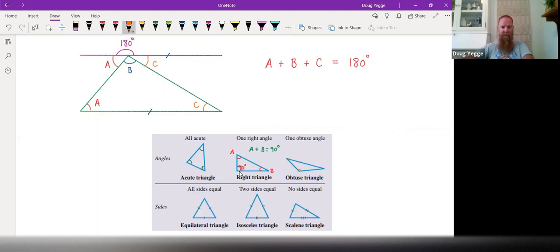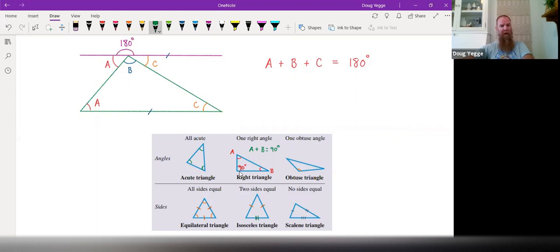So first of all, it should be pretty obvious what an equilateral triangle is. Turns out that the angles inside of the equilateral triangle are all congruent to each other, and the sides are also all congruent to each other. As for an isosceles triangle, it has two legs that are congruent to each other, but a third leg that's not.